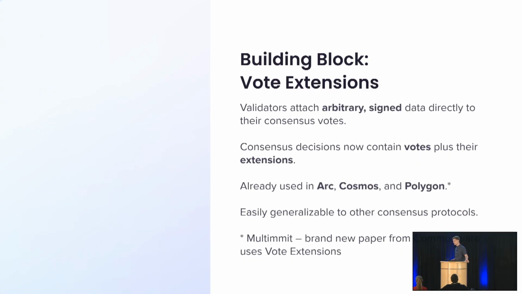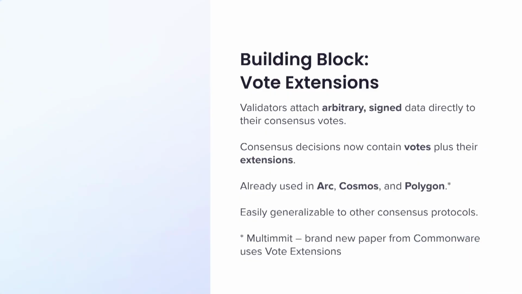Now I need to introduce two building blocks before we get into ARC's design for this protocol. The first one is vote extensions. Consensus protocols, by and large, have three rounds. The first round is the proposal, where the block gets sent around so that people can vote on it, and then two rounds of voting. Vote extensions allow validators to attach arbitrary data to the final round of voting, and it will be signed as well.